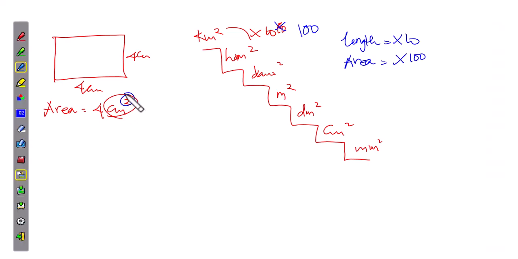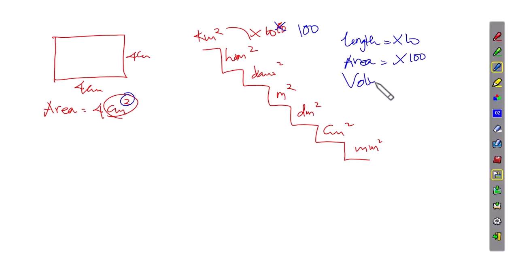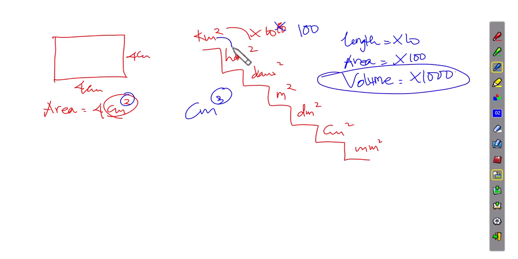And for the volume, because volume usually uses units to the power of 3, or cubic, you multiply by 1000. Actually the concept is just the same. When they go down one stair, you multiply by 1000. When they go down two stairs, you multiply by 1 million.